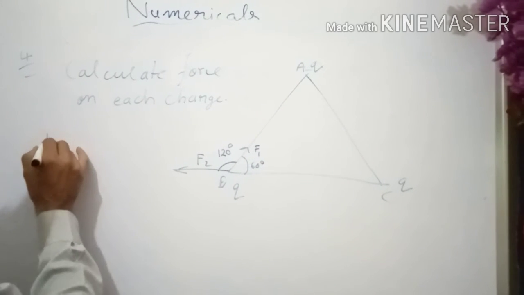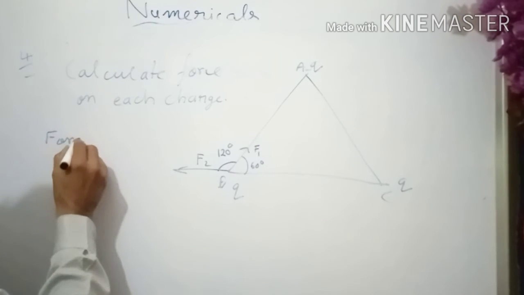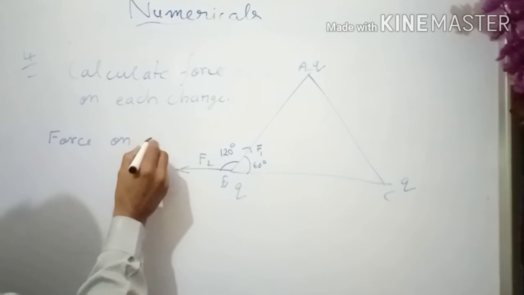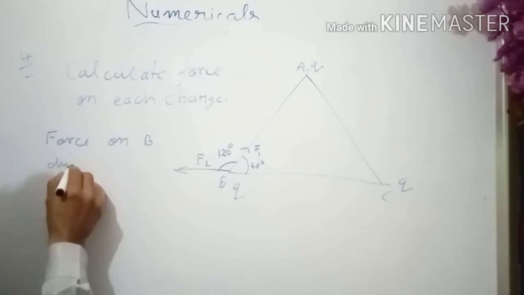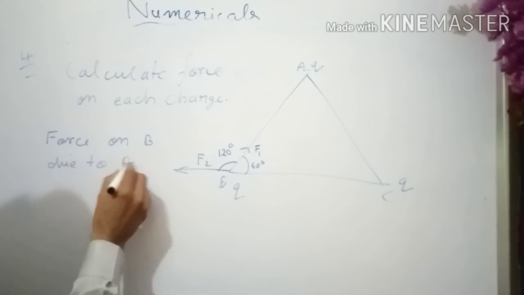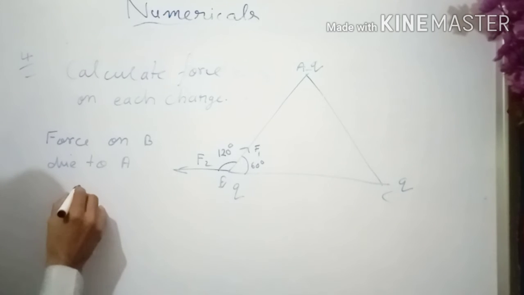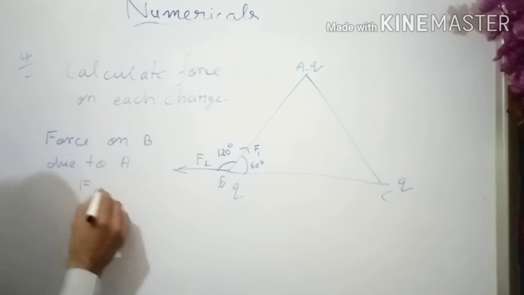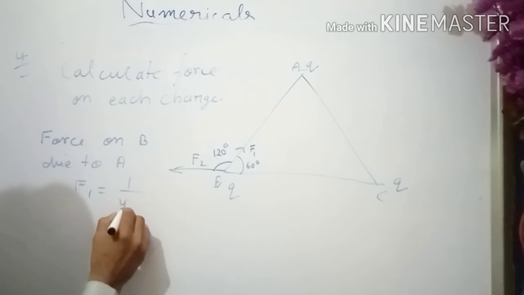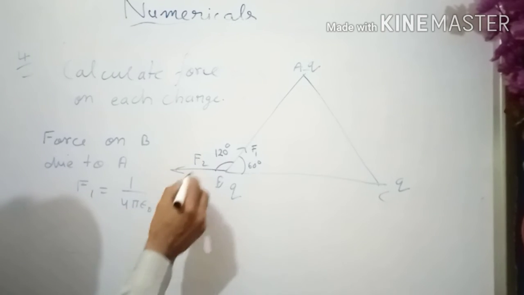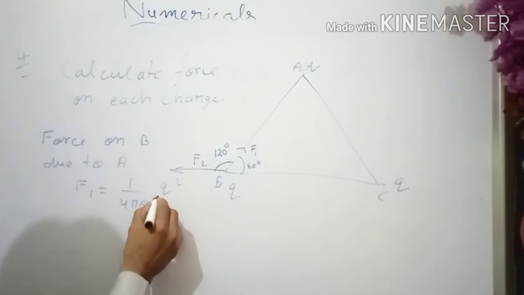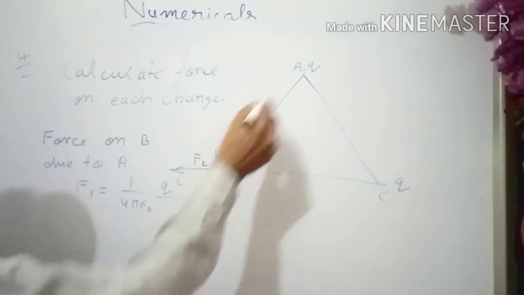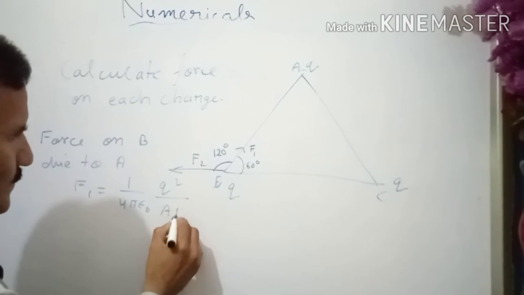So F1, force on B due to A, that is equal to 1 upon 4 pi epsilon naught Q square, magnitude is same, upon this distance AB square.